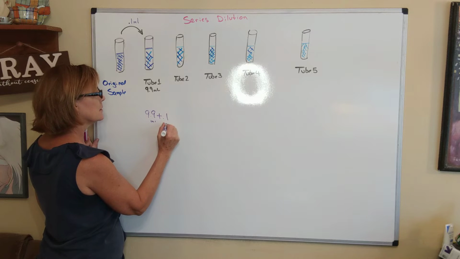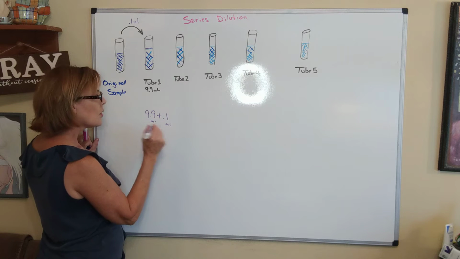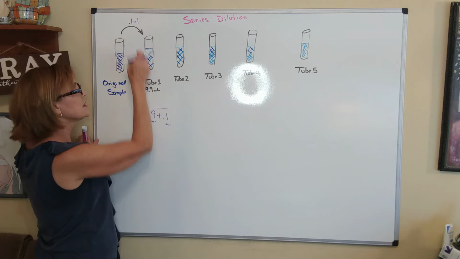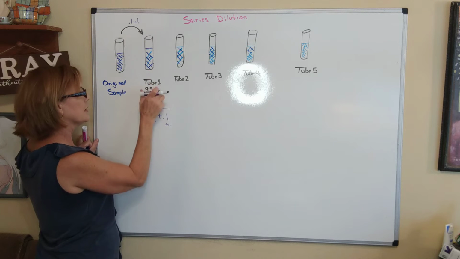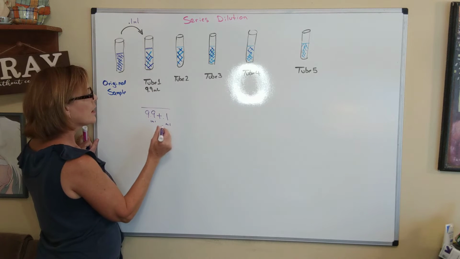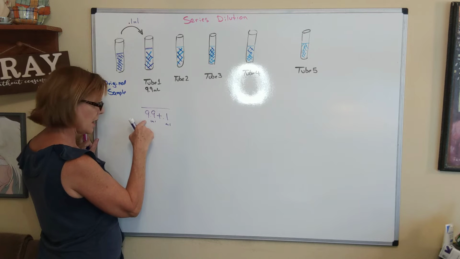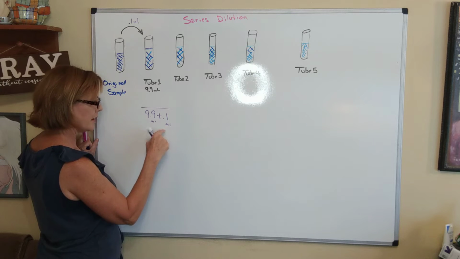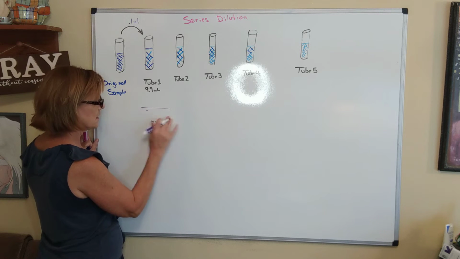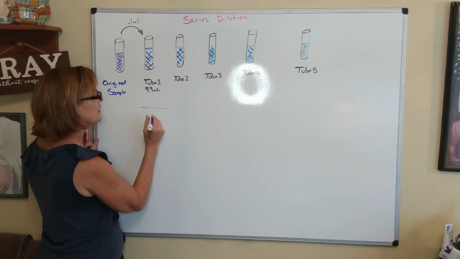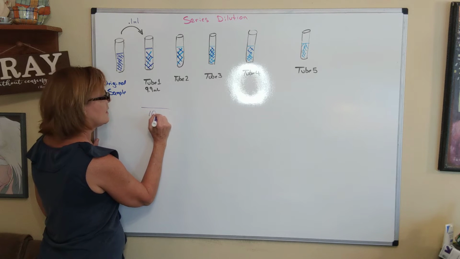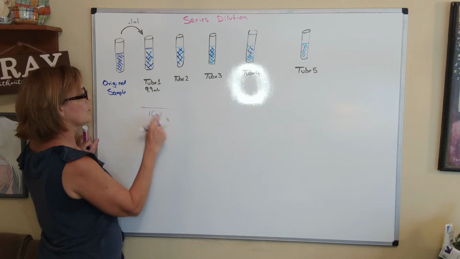These are milliliters. Okay, so the question is, what is the percentage of the sample in this? Well, the total amount is 9.9 plus 0.1, and that makes 10. So there's 10 milliliters after we add the 0.1 in.